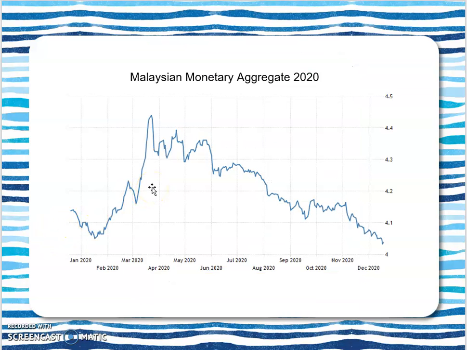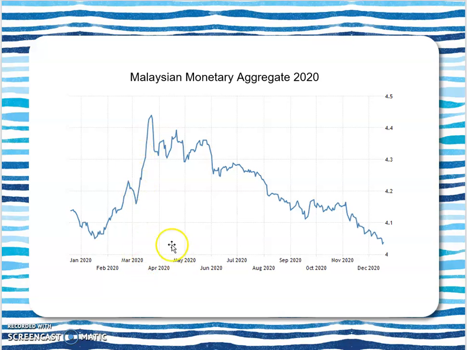Last but not least is the graph showing Malaysia's monetary aggregate for 2020. This is the fluctuation of the monetary aggregate for Malaysia from January 2020 until December 2020. It shows the fluctuations of the monetary aggregate.